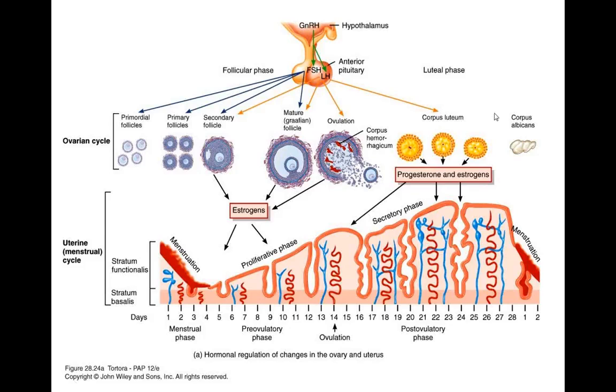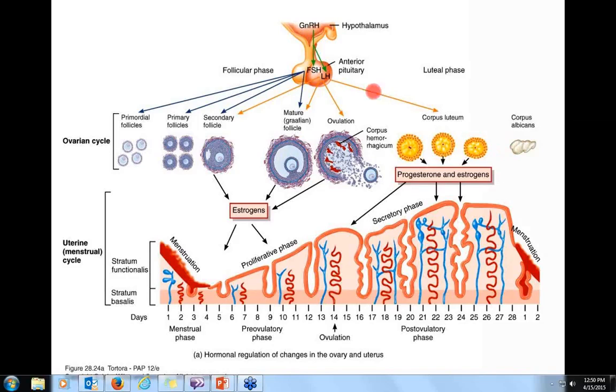This slide kind of puts it all together. Puts together the release of the hormones from the hypothalamus and the anterior pituitary with what's going on in the ovaries, the ovarian cycle, and what's going on with the uterus.